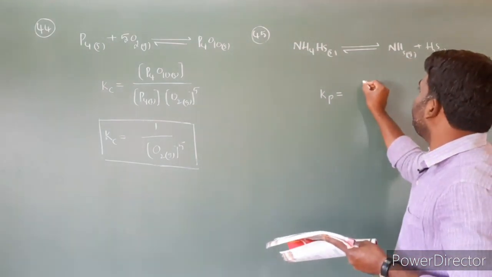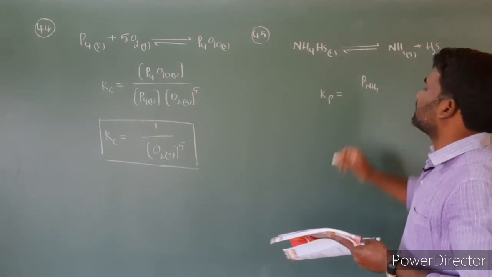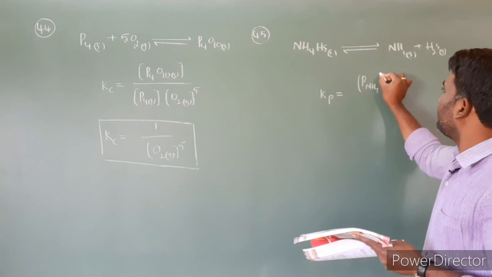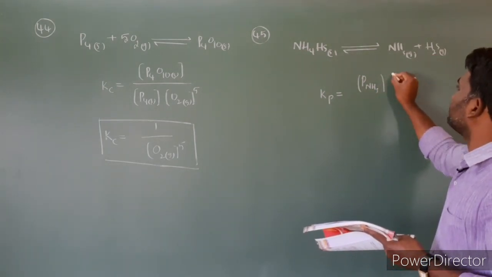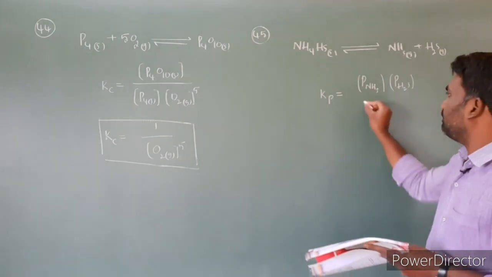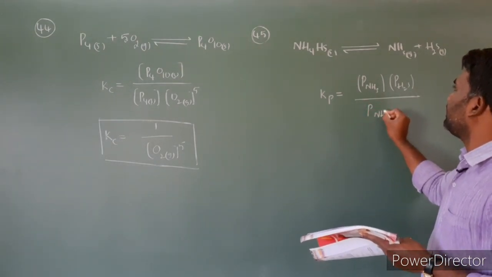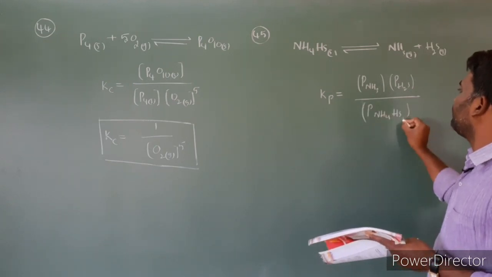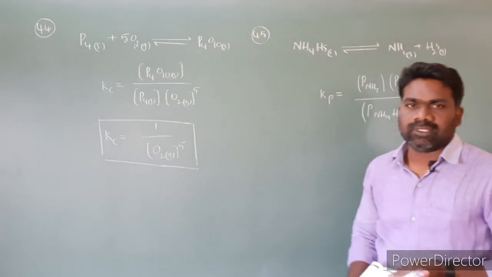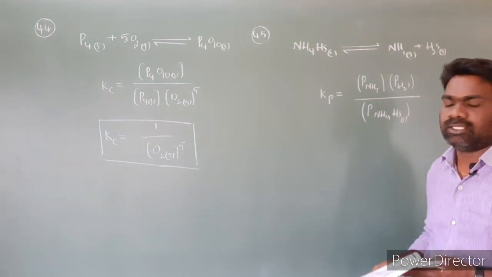So what are the products we have? Partial pressure of NH3 and partial pressure of H2S, by partial pressure of NH4HS. Here NH4HS is a solid, a pure solid, and its partial pressure is also taken as unity.